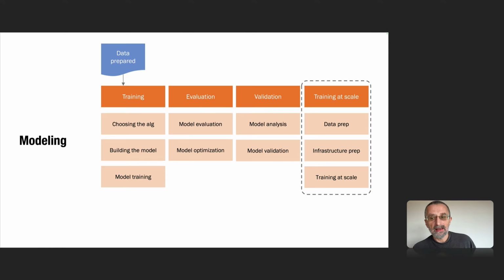But training at scale is extremely computing demanding and costs a lot of money, so you cannot run it all the time. So it's run as a separate project in case all those steps worked well on the small sample, yes, because you have to pay a lot of money for training at scale.